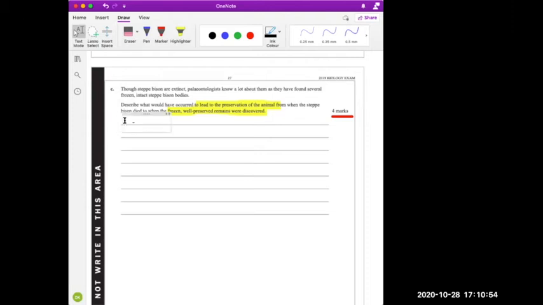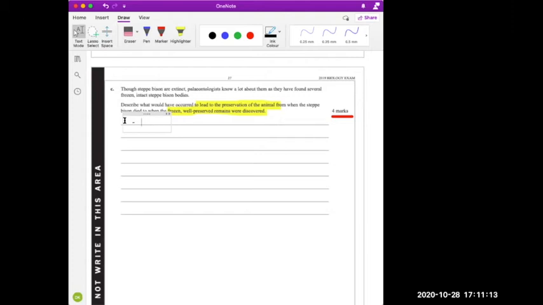From when it died, the first thing that you would have learnt about fossilization is that there needs to be some sort of rapid burial. In this case, you can say rapid burial, or because you know that there's a very cold, snowy environment, you could just say that it was frozen. Like it died and then it was encapsulated in ice.